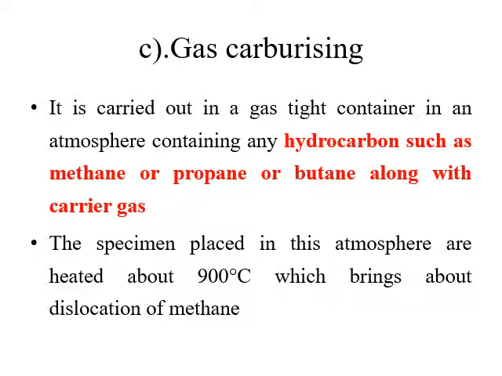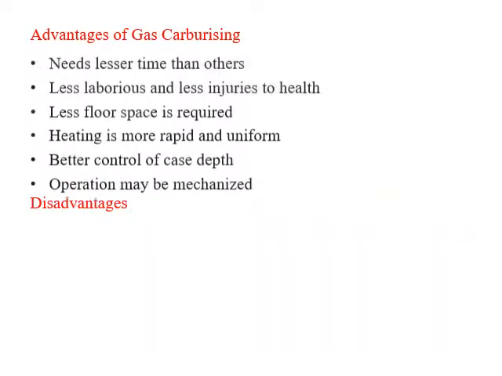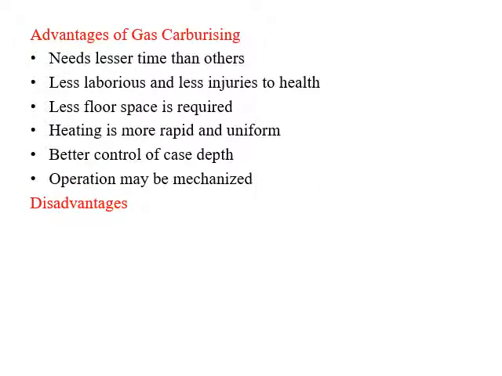Again, the temperature is going to control the diffusion rate of the carbon atoms into the surface. Here the diffusion rate will be a little bit faster compared to the liquid and the solid, because the movement of the atoms will be faster in the gaseous form.